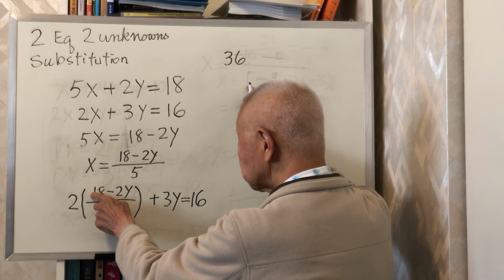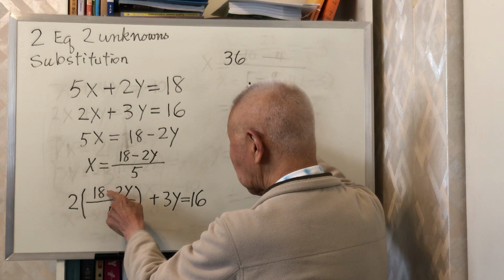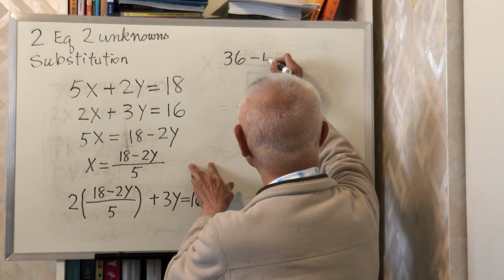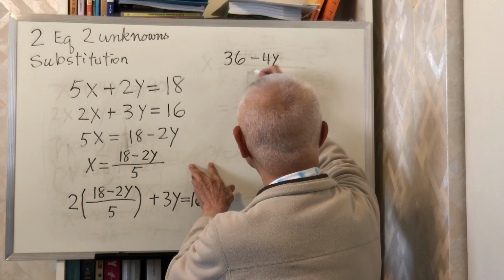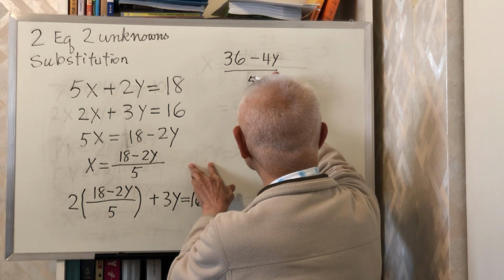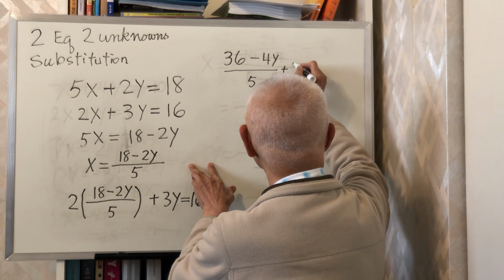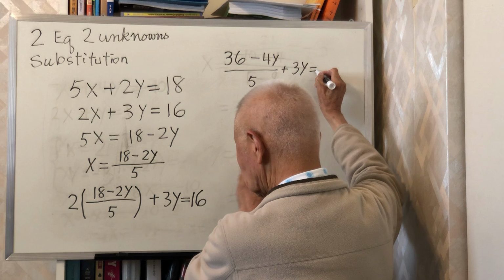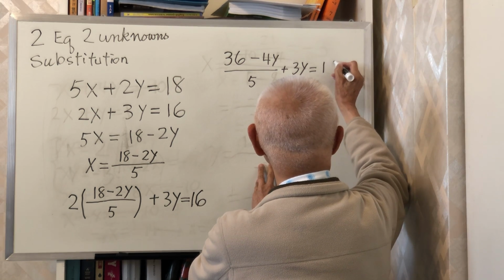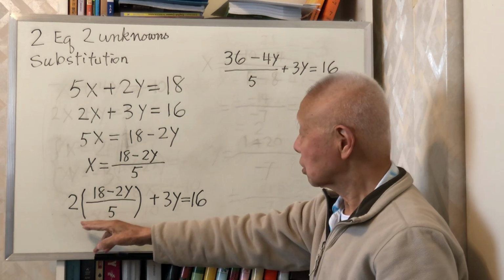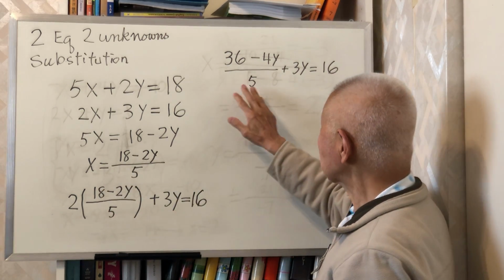Two times 18, 2 times negative 2y. Just expand this, I get this.